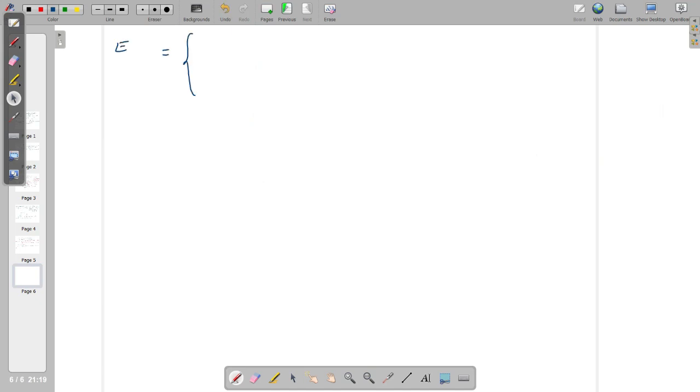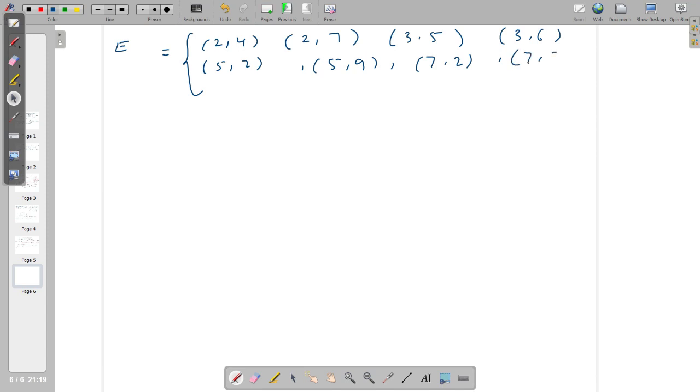So the points are (2, 4), (2, 7), (3, 5), (3, 6), then (5, 2), then (5, 9), then (7, 2), then (7, 9), then (8, 3), (8, 8), (10, 2), and (10, 9), and along with these the point at infinity theta.